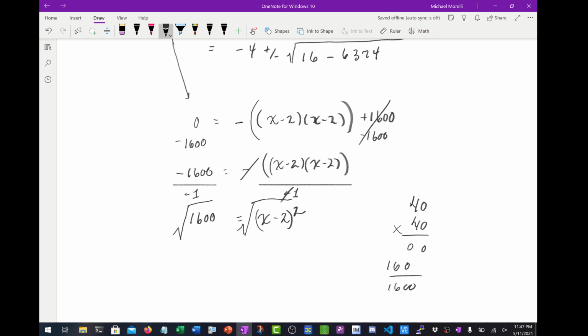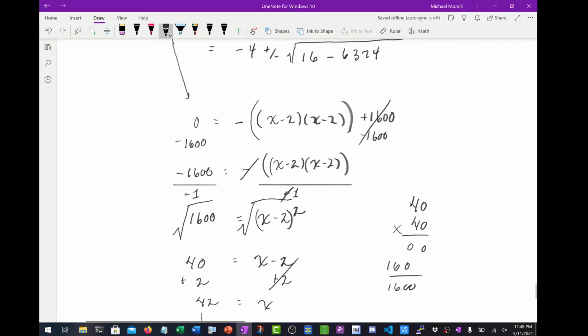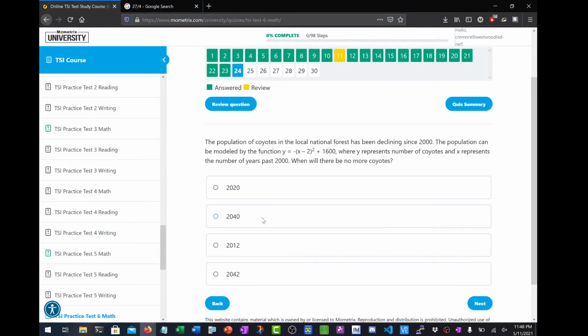So that's going to be 40 equals x minus 2. Add 2 to both sides. And I get x equals 42. So I need to add 42 to 2,000. So 2,042.